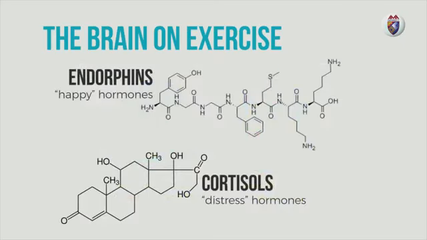As I've been mentioning in the earlier parts of the lesson, the body is a machine that has several processes occurring within it every second that you breathe. Going back to this, I'd like to introduce to you the chemicals known as endorphins and cortisols. Both of these chemicals are produced by the endocrine system.